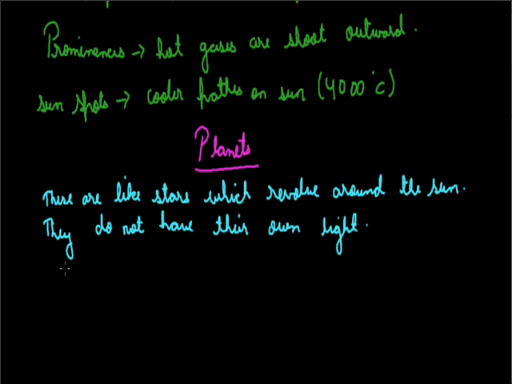Depending upon those characteristics, planets are classified into 2 categories. First is the terrestrial planets.